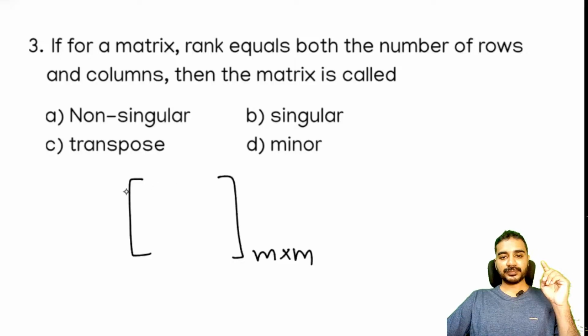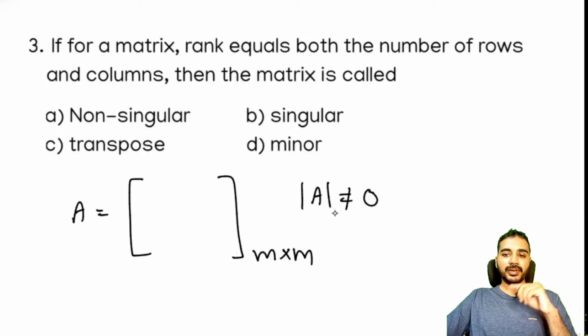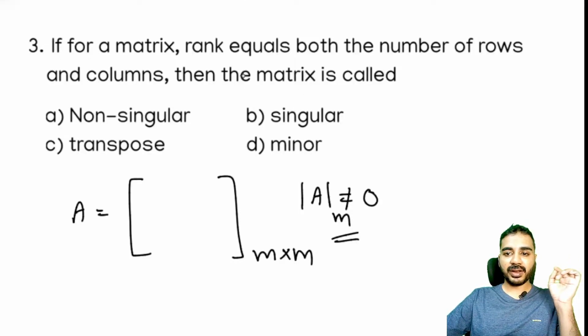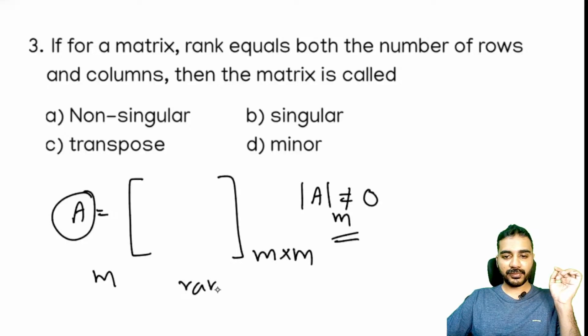So that means the determinant, let's say this is A, and determinant of A is a non-zero value of order m. If determinant of A is a non-zero value of order m, then we can say the rank of this matrix A is m. Rank of A equal to m.